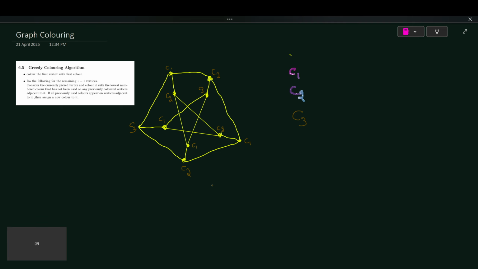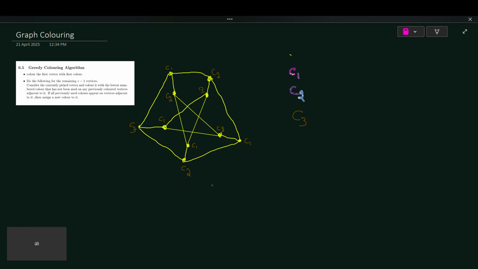So this is a straightforward method to color a graph properly using somewhat minimum number of colors. But always remember, this method does not provide the chromatic number of the given graph. Maybe this particular graph may have a minimal coloring.